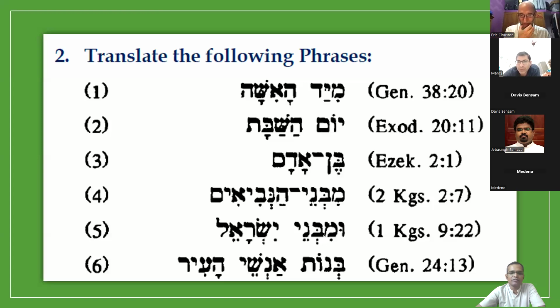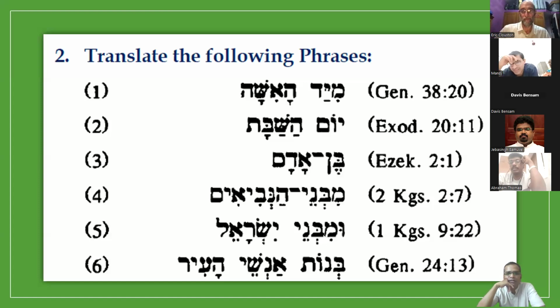So Banot, daughters, becomes Benot in the construct form. So that is daughters. How do you translate? The daughters of men of the city.